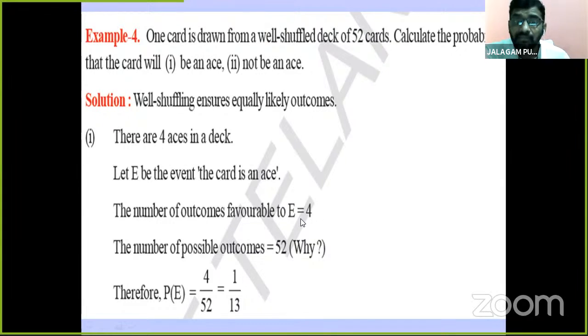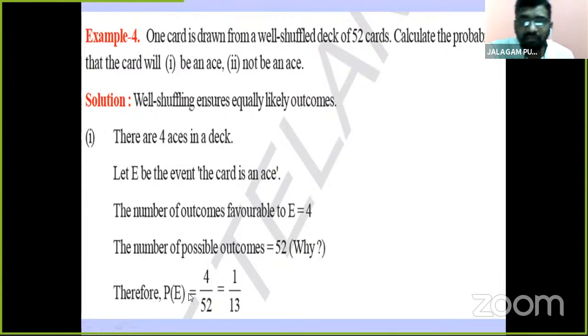But here, what are the favorable outcomes? 4. Why? Because the favorable ones are only 4 out of 52 cards. Ace, only 4. That's why we take 4.